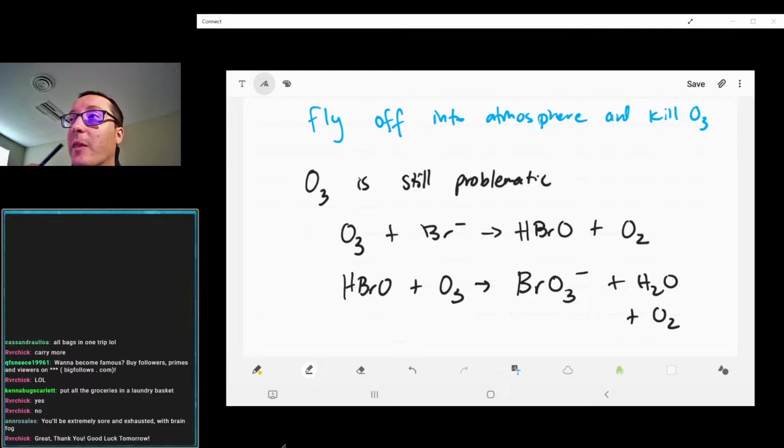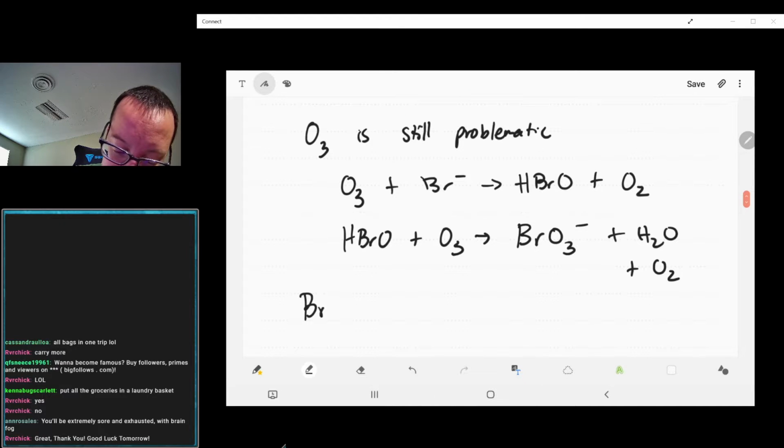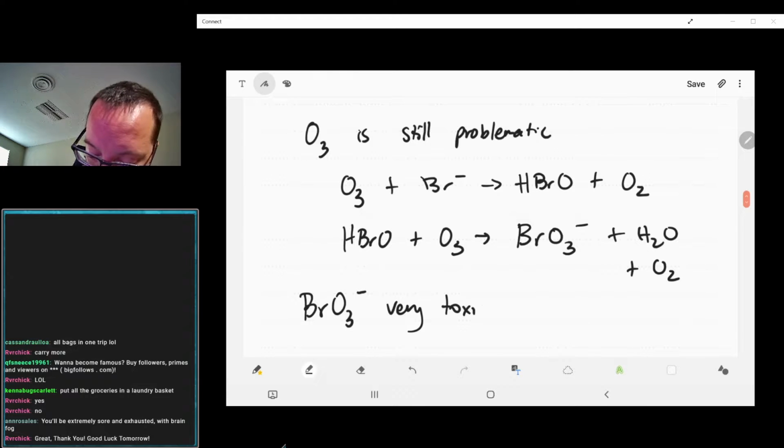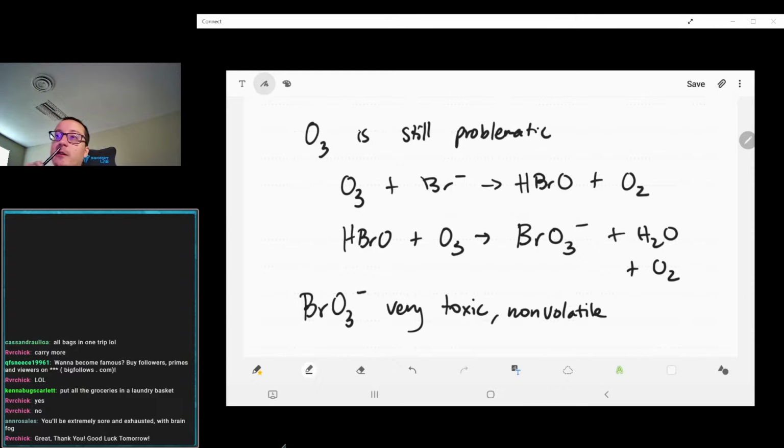And so the problem here is, of course, bromate is an even stronger oxidizing agent. It's also very toxic. And it's non-volatile. So this stays in your water, and people drink it, and bad things happen.